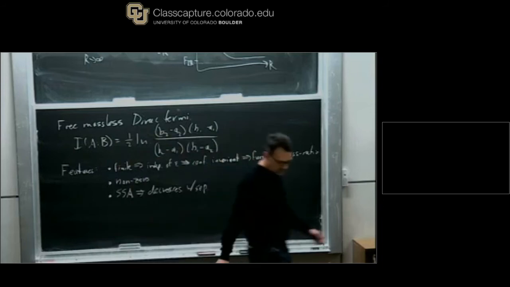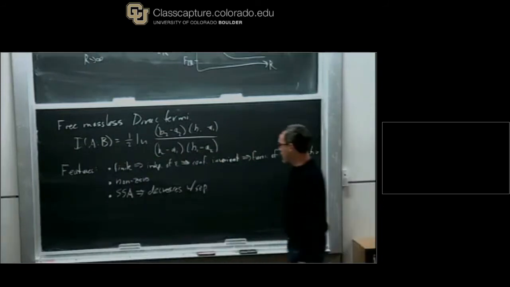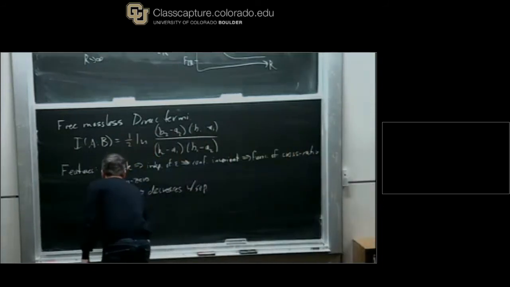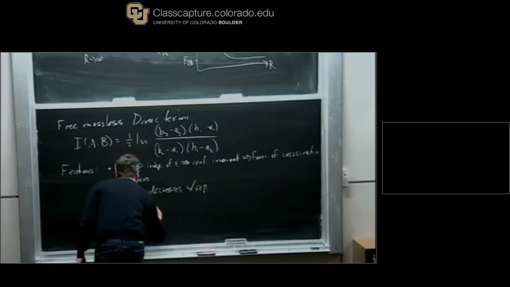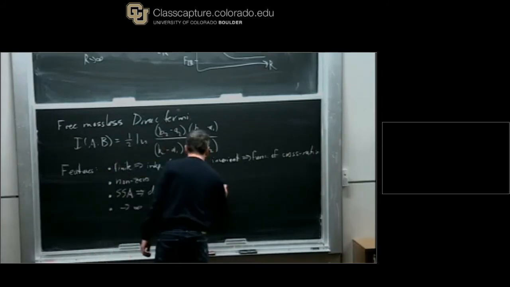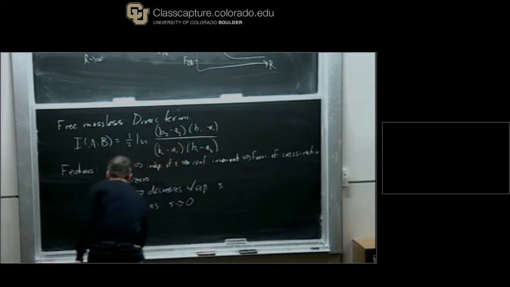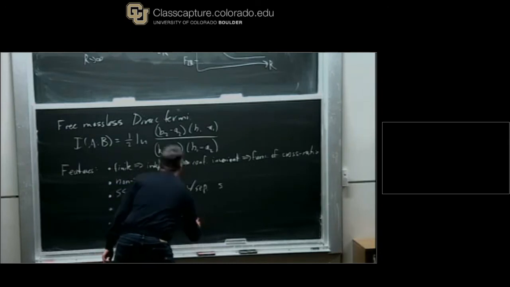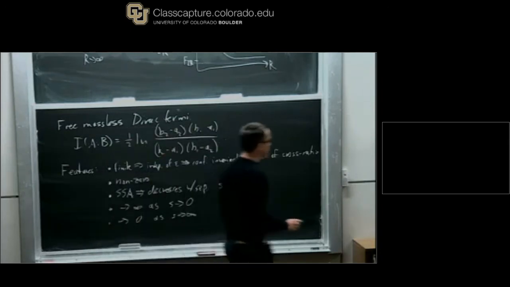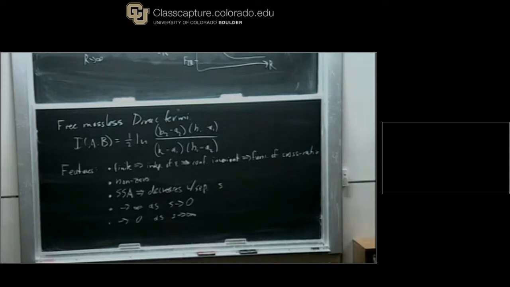That's very intuitive. And it goes to infinity as S, the separation, goes to 0, and it goes to 0 as S goes to infinity. You can check that those hold for this particular function.